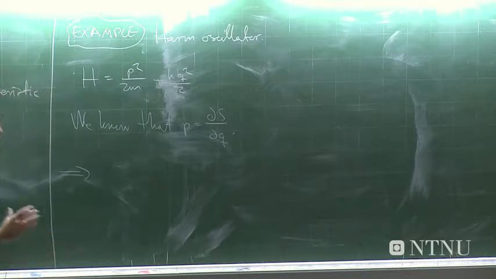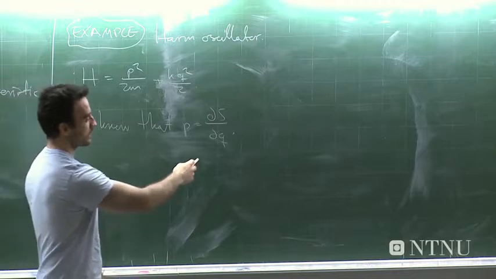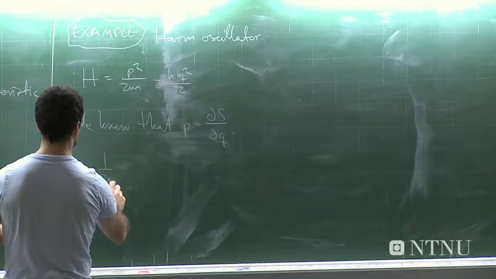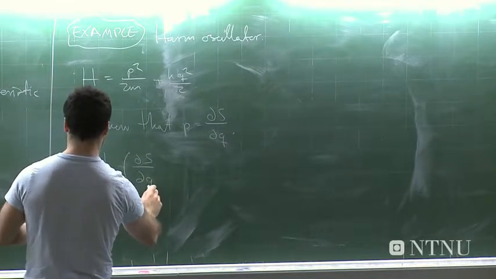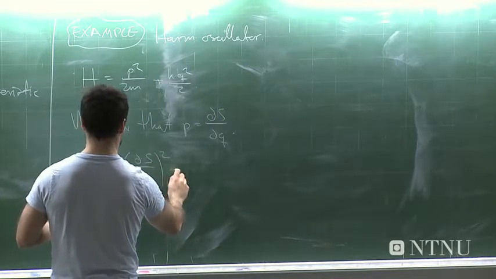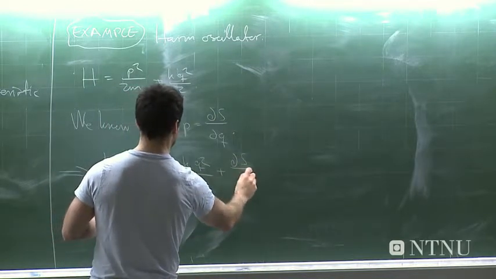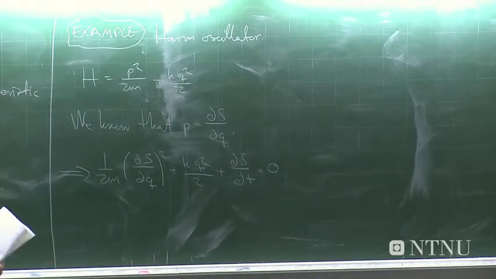So the first step was to construct the Hamilton-Jacobi equation, and we have to do that by substituting in place of the original momenta this partial derivative. So we get this equation here.